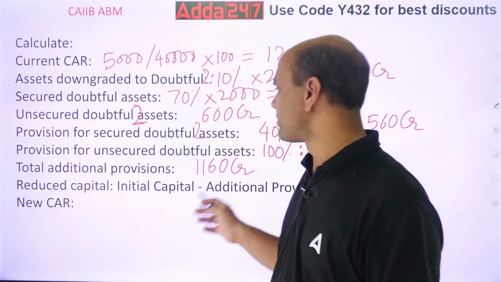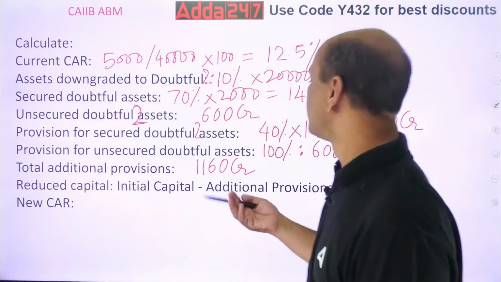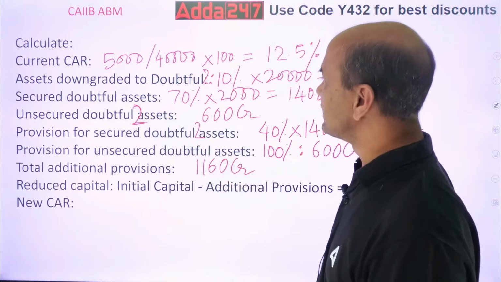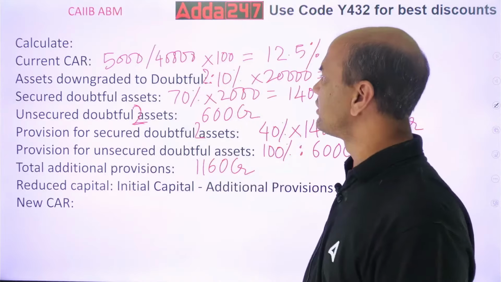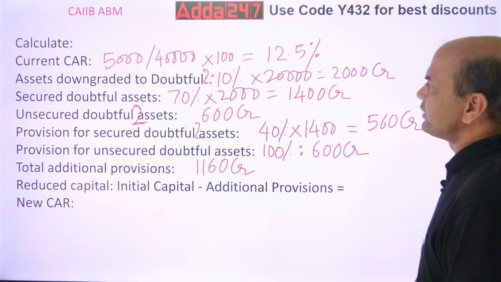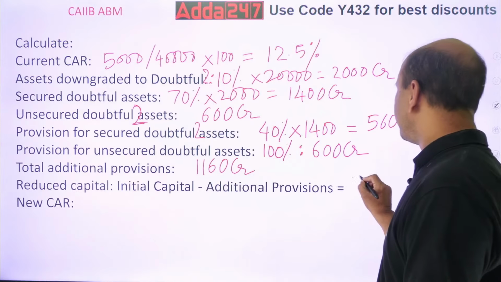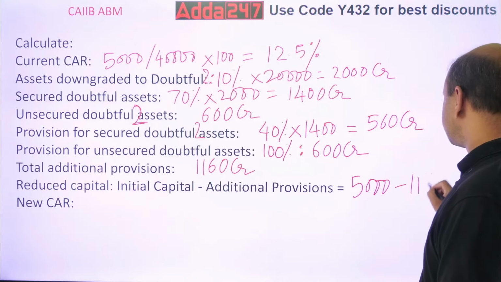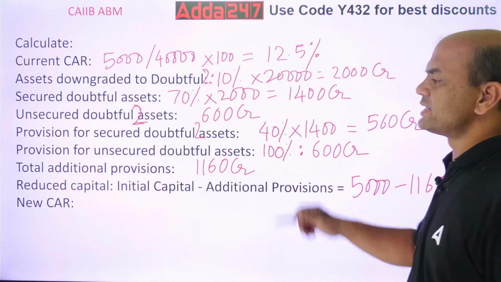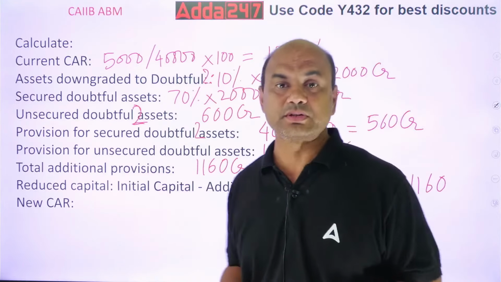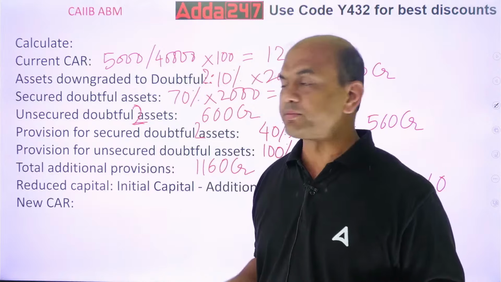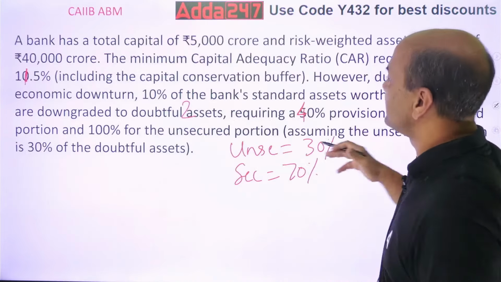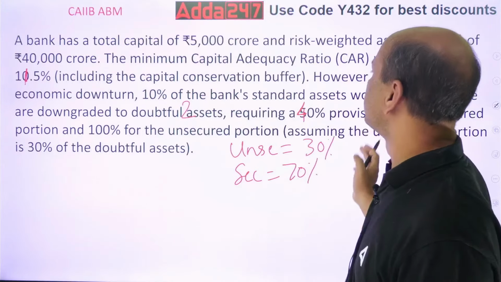Reduced capital. What is the reduced capital? Now this is the provision made. Whatever is the provision, I'll have to subtract it from the capital. What was the capital? I think 5,000. So 5,000 minus 1160. This additional provision comes from my capital or my net profit. Is there anything given about the net profit? Nothing.